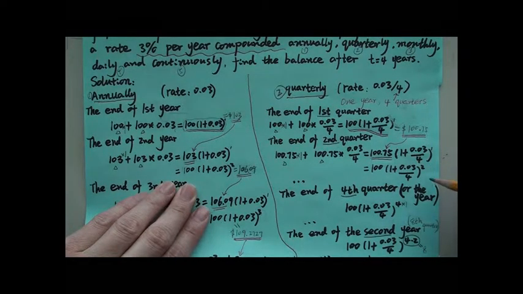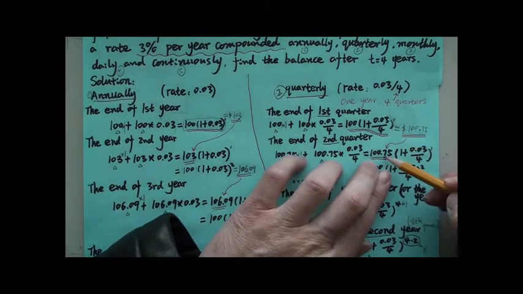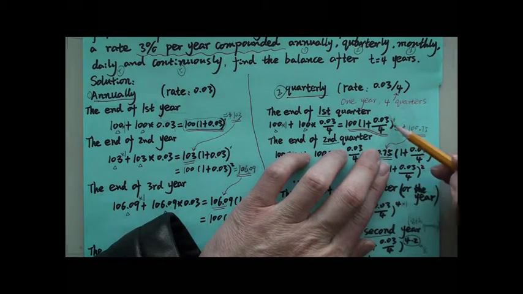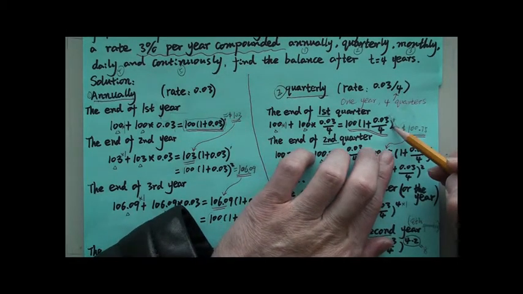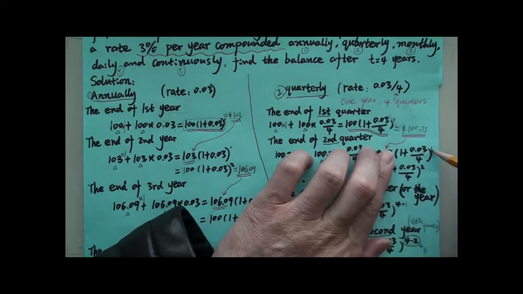Now this 100.75 equals this one, so you want to replace it with 100 times that. That would be 100 times this quantity times this quantity again.